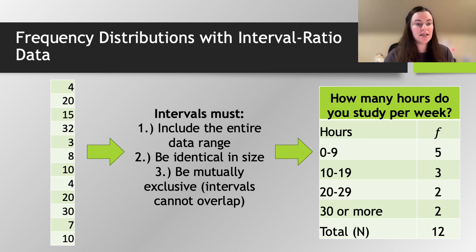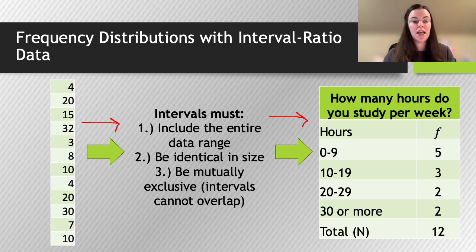And so I can go step by step through our raw data here using intervals to get to a result that looks like this table over here. To use and create an interval table, there are 3 aspects that we must make sure that we abide by in order to create the table, and those are listed here. So let's go through each one individually.